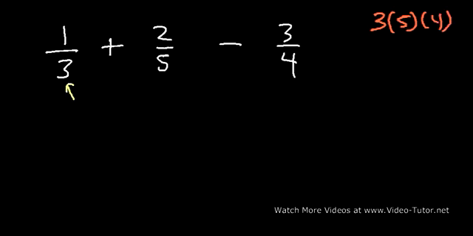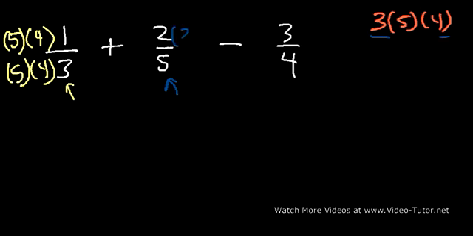Now this fraction has a 3, but it's missing the 5 and the 4. So we're going to multiply top and bottom by 4 and by 5 at the same time. For this fraction, it has the 5, but it's missing the 3 and 4. So we're going to multiply top and bottom by 3 and by 4. And for this one, we need to add a 5.